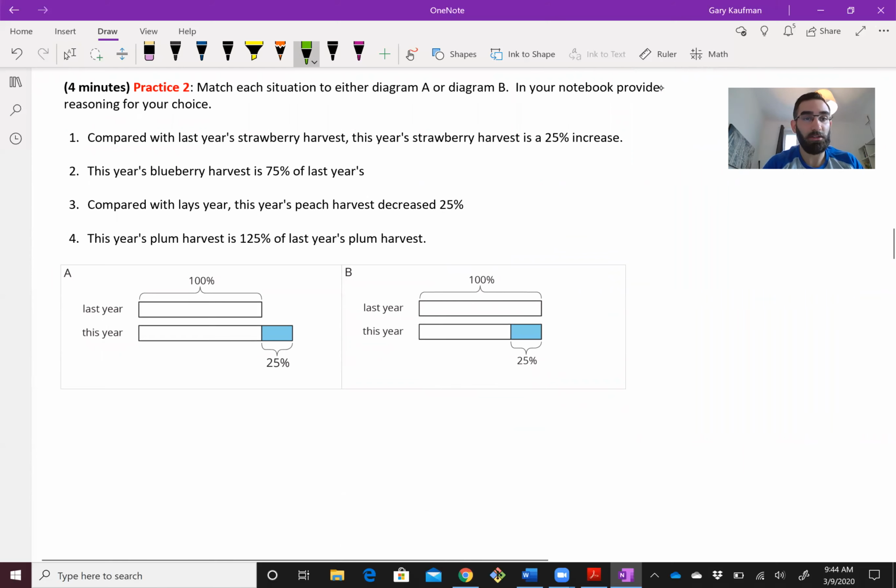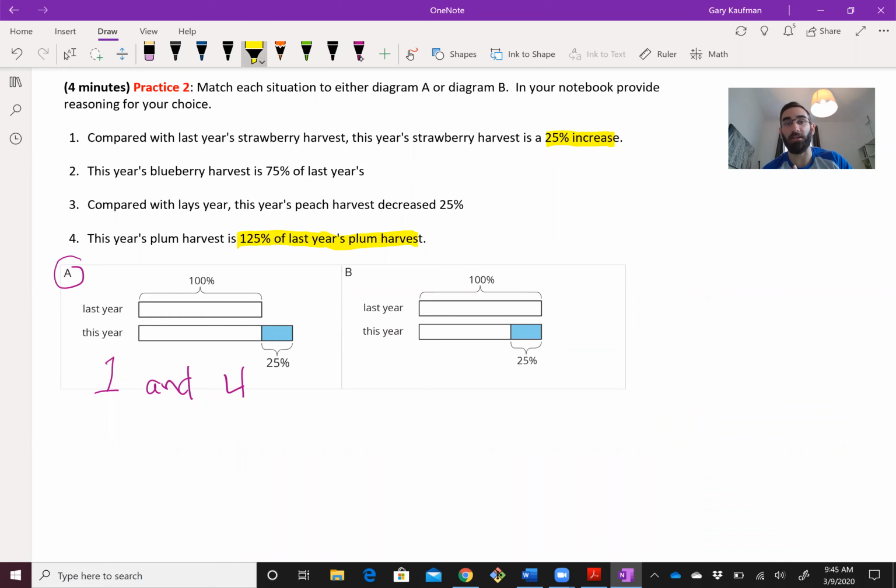There's 2 diagrams. There's 4 statements. You have to match the statement to diagram A or diagram B. Give it a shot. So when we look at A, it represents increasing by 25%. So that's why number 1 and 4 can be represented with this diagram, because a 25% increase is saying the same as I have 125% of last year.